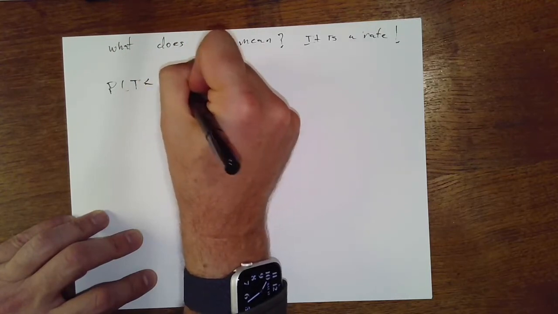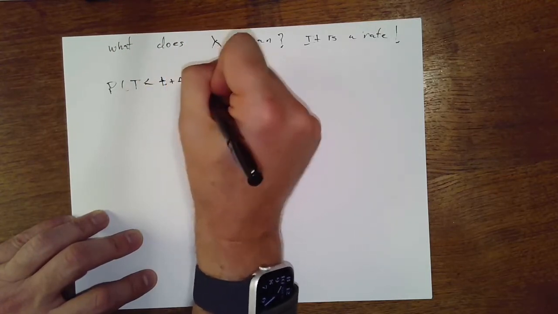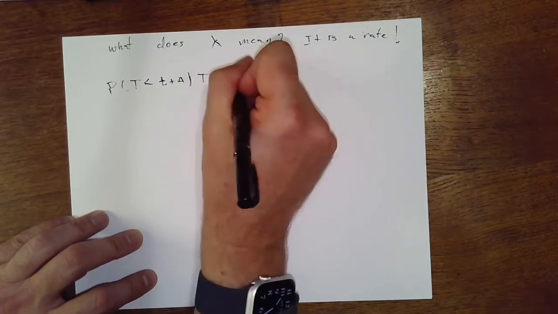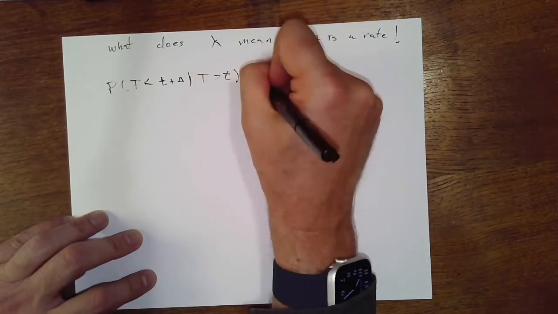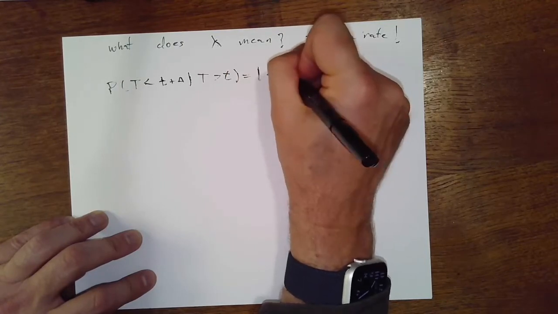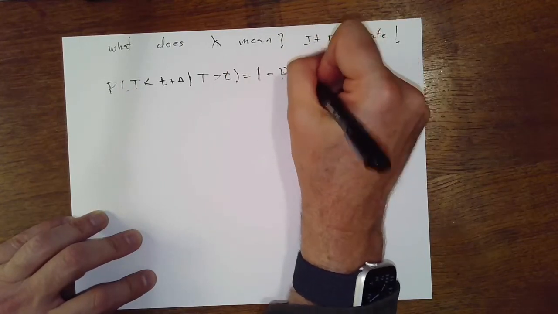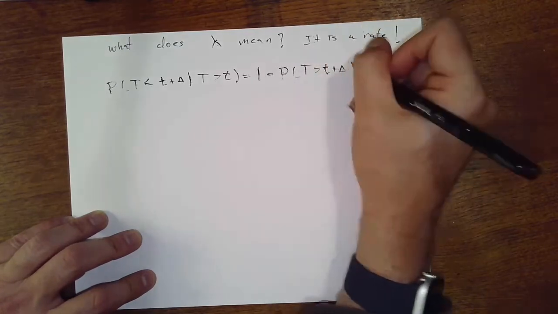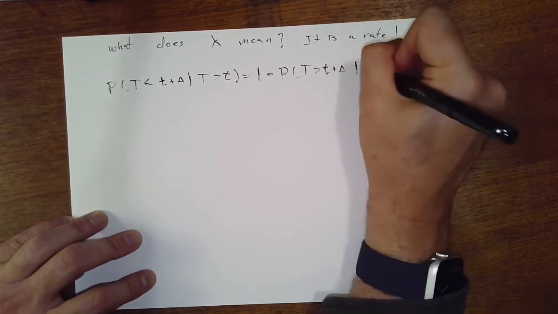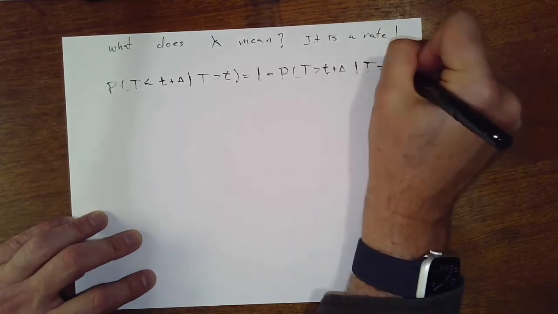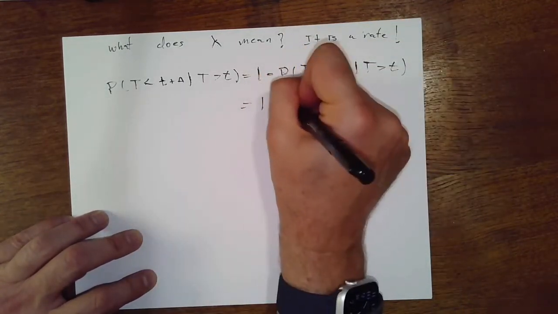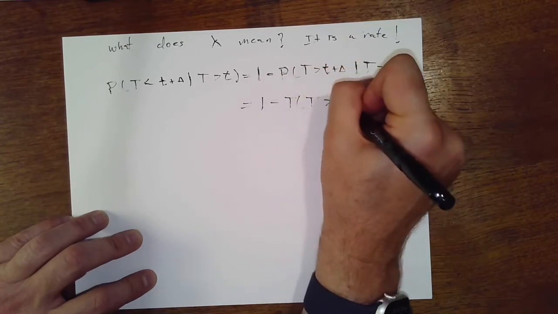To see that, let's calculate the probability that T rings before t plus delta, given that it hasn't rung before t. So we're conditioning on big T being greater than little t, and we can write that as 1 minus the probability that big T is greater than t plus delta, given that it's greater than little t. Now we just use the memoryless property.